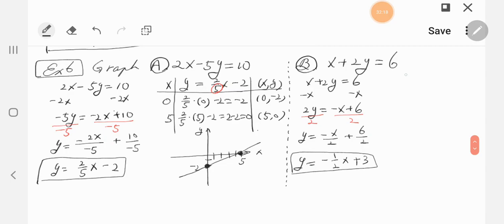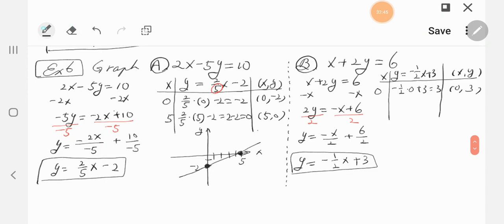So let's find 2 points. So y is -1 over 2x plus 3. If x equals 0, then y is -1 over 2 times 0 plus 3, which is equal to 3. So the ordered pair is x equals 0, y is 3. Then how about the x value?